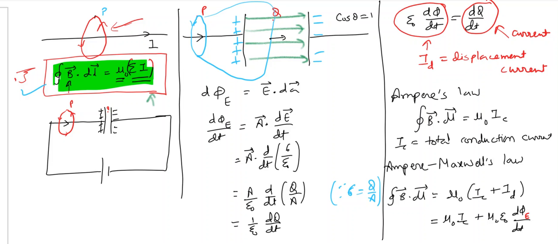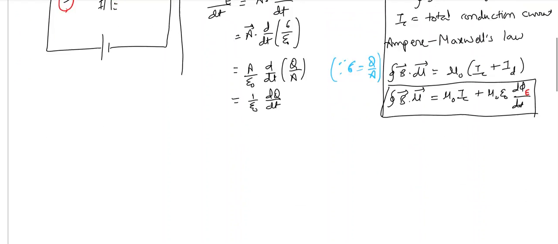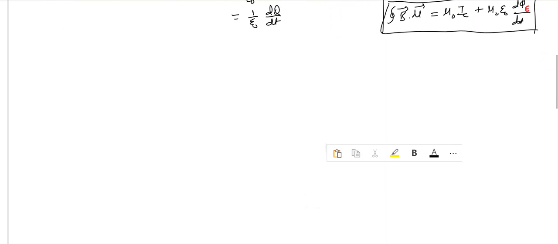So this is the Ampere-Maxwell law. With this, we actually have four equations which make the basis of a new branch of physics called electrodynamics.